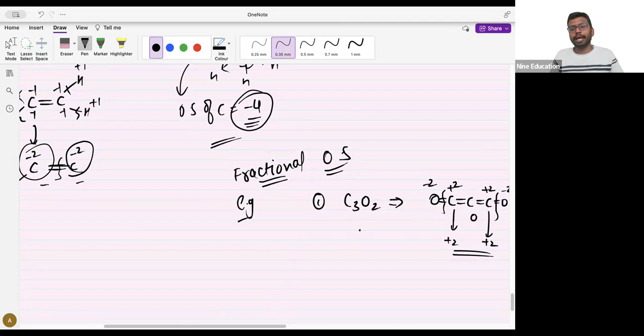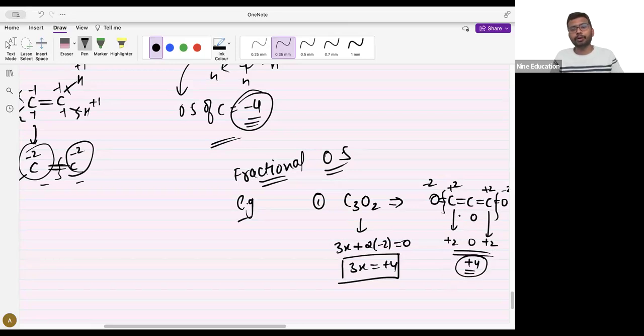From the x method, you can do 3 times x plus 2 into -2 gives you 0. 3x is equal to +4. So if 3x is equal to +4, we can add for the 3 carbons +2, 0, and +2, which will give you +4.